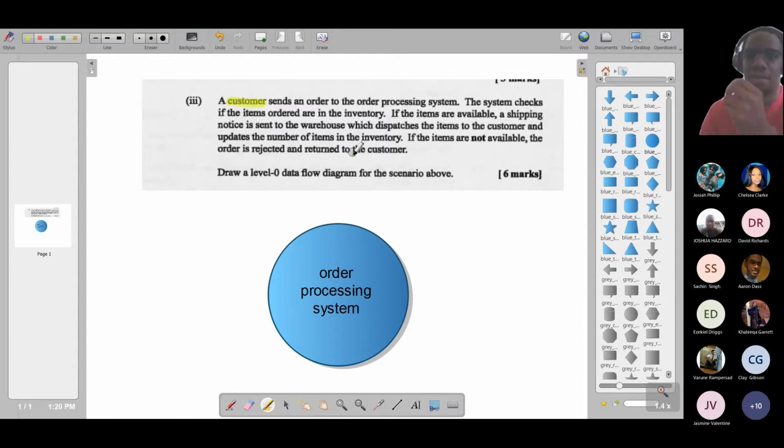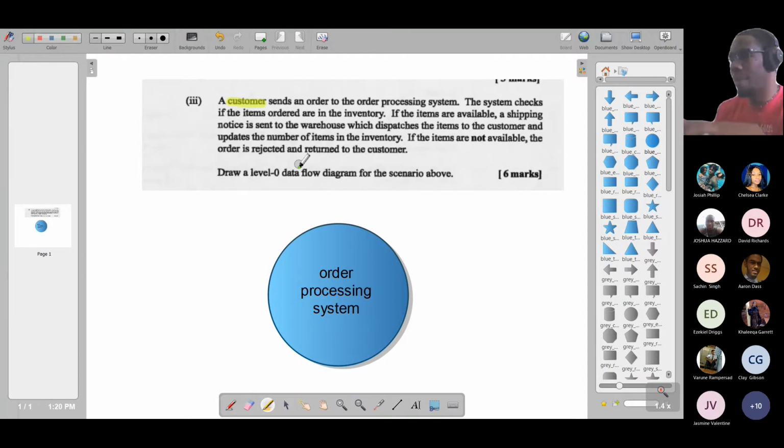If the items are available, a shipping notice is sent to the warehouse, which dispatches the items to the customer and updates the number of items in the inventory. Now, we have a question. There are some systems where the warehouse is part of the system. There are some systems where the warehouse is not part of the system. So we can look at it both ways.